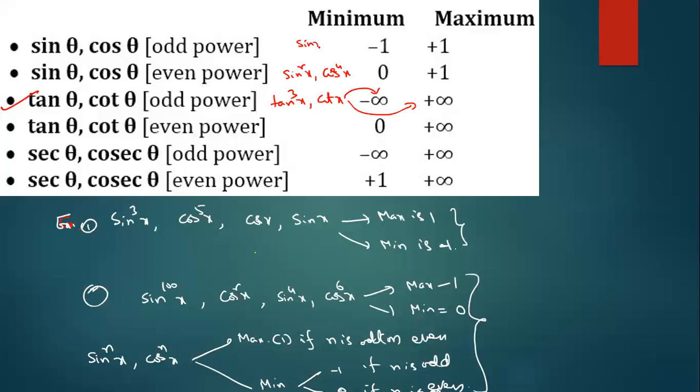This is sin x, cos cube x, like that. In this case, tan square x, cot power 4x, that is the meaning. Secant x, cosecant cube x. Secant square x, cosecant power 4x. So like that, see examples.